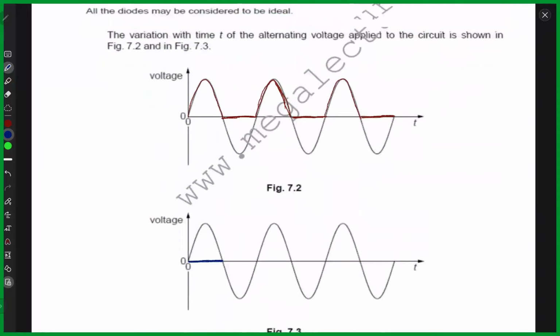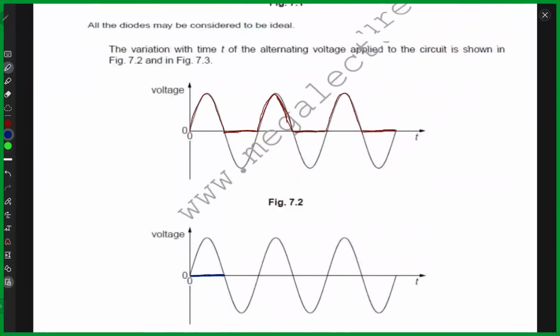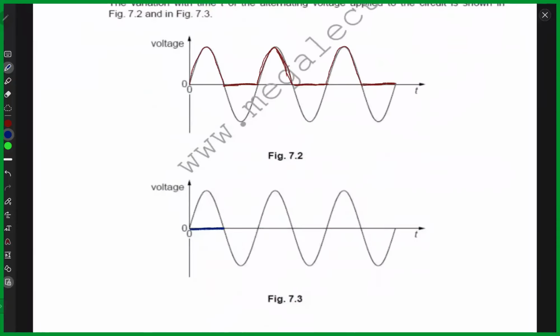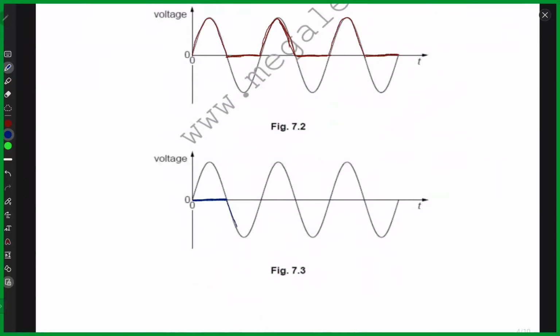Now, when it's downwards, then it goes through diode B. So downwards, you will get something. And then again upwards, so you'll get 0. Then again downwards, you'll go like this. And then again upwards, 0. And then downwards again.